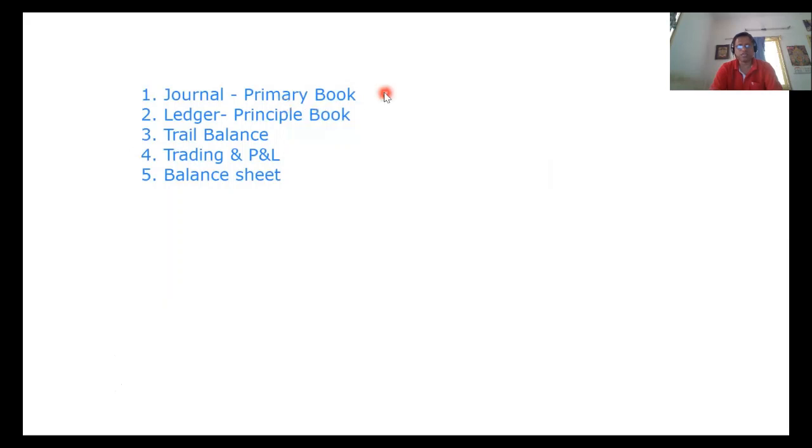Journal is basically the primary book of accounts. Ledger is the principal book of accounts. Journal gives the basic nature of recording. And when I say ledger, it is the classification of accounts. Ledger is classification of accounts.